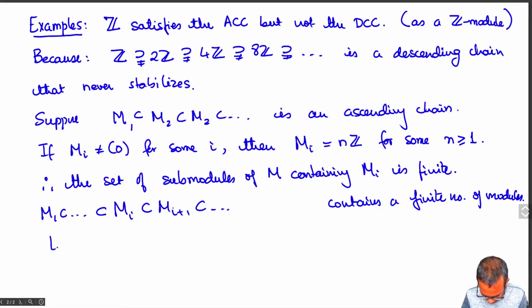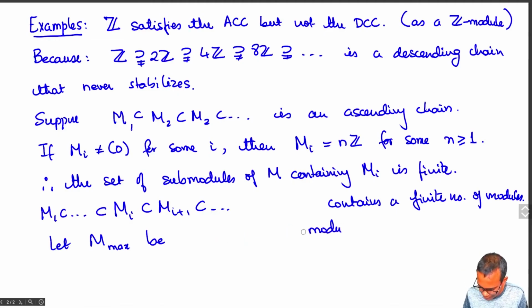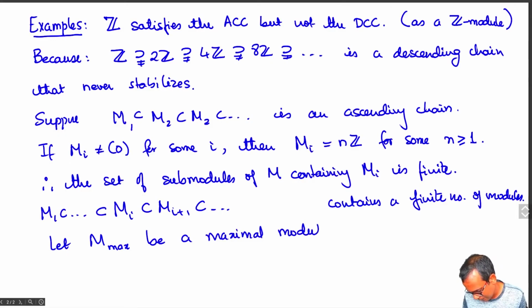And so you can take the largest of such modules. Let M max be the largest such module. Or rather, I should say a maximal module of this kind. It may not be unique, well, it has to be unique because it's a chain.